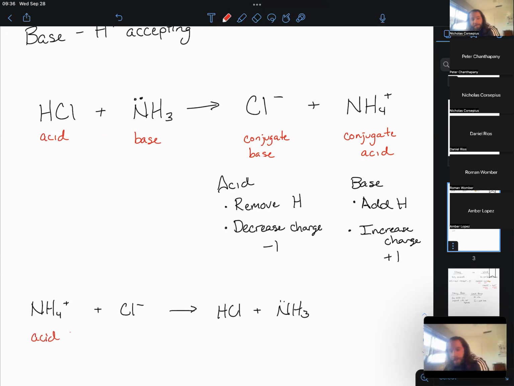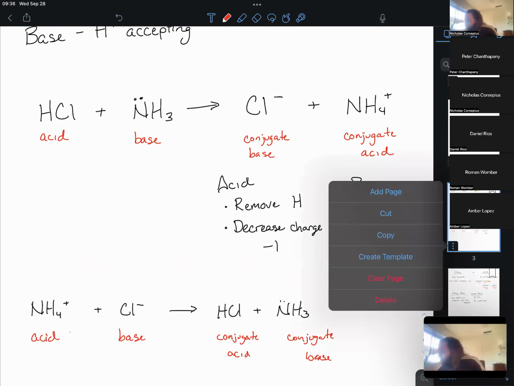And the conjugate base is termed the conjugate base because in the reverse reaction, it's playing the role of the base. Okay, so now this is my conjugate acid. And this is my conjugate base. All right, so again, where does that term come from? Conjugate acid, conjugate base. It's because in the reverse direction, that's the role that that molecule would play.